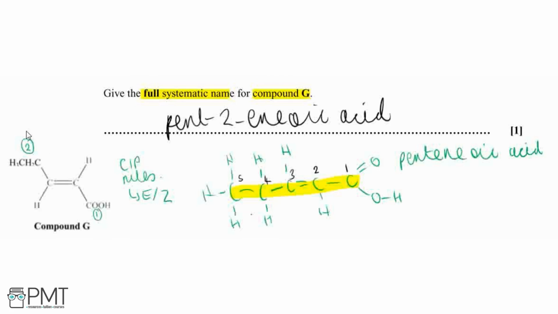And what we can see is our two highest priority groups are on opposite sides of that double bond. Therefore, we've got the E isomer. So just to finish off our name, we put an E at the front. This can be in brackets or just written normally. And overall, our name is going to be E-pent-2-enoic acid to finish that off.